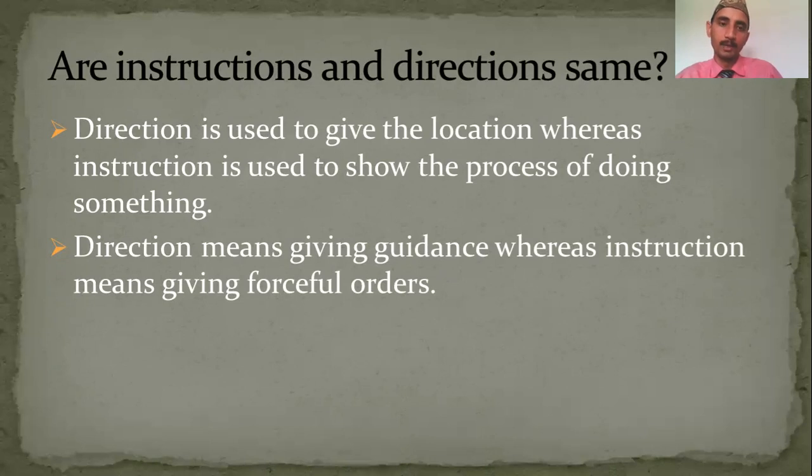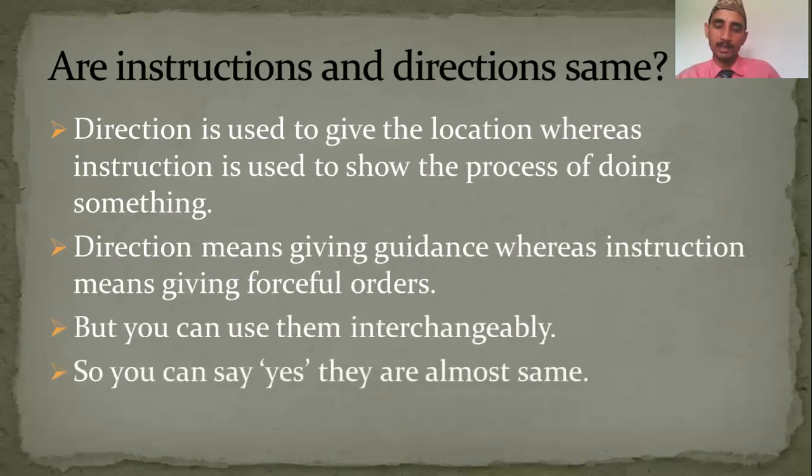So it involves some kind of teaching, whereas directions means showing the location, helping someone, giving guidance. But alternatively you can use these 2 words. So when showing the directions, or talking about the procedure of doing something, teaching someone, you can use them interchangeably. So you can say almost, yeah, they are the same, but only a basic difference is there.